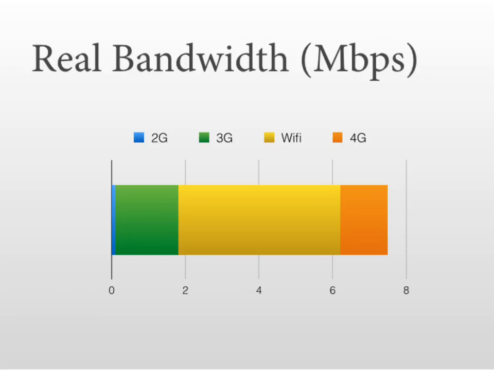So when we are thinking about 4G, usually we are thinking about the bandwidth, okay? As you can see in this chart, you have different bandwidths in 2G, 3G, 4G, and Wi-Fi on average. On 4G, you can get up to 7.5 megabits per second. So yeah, it's fast. But my question is, how important is this when we're using a mobile app?